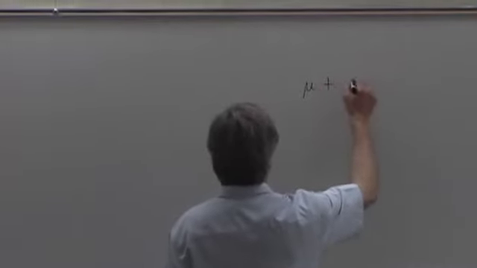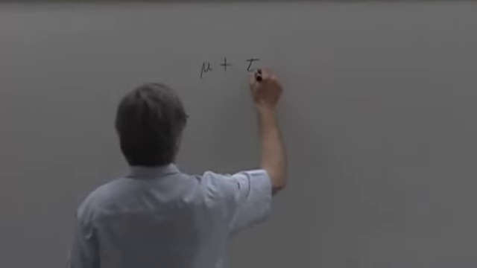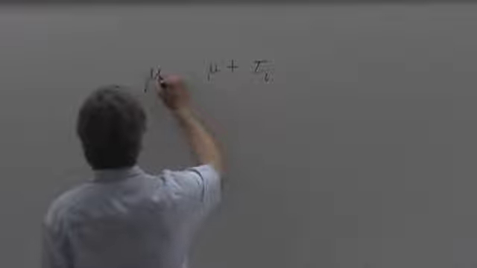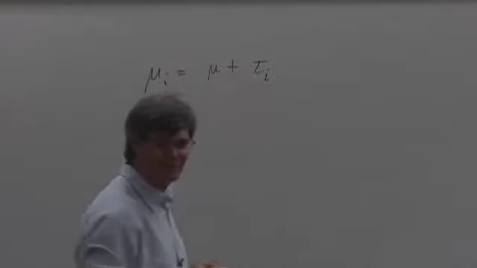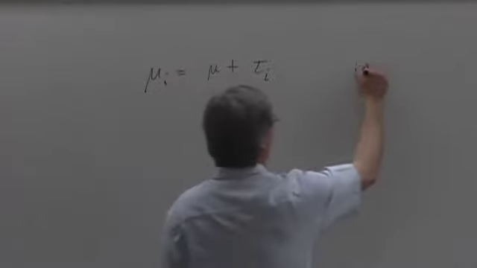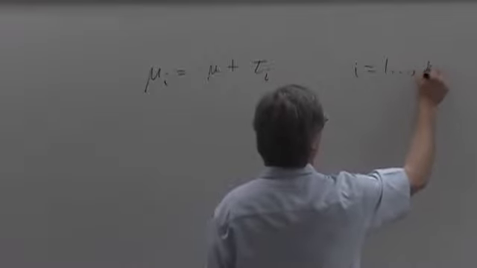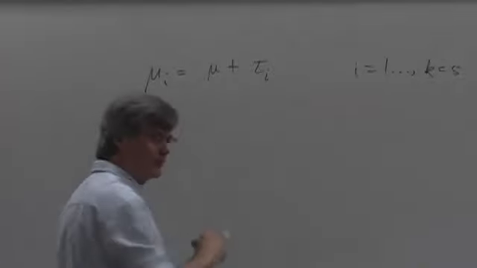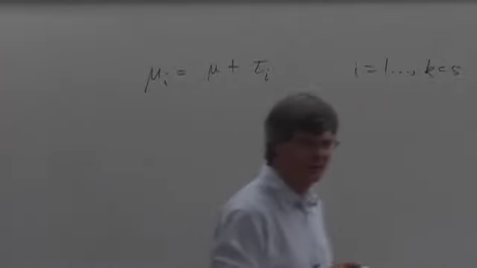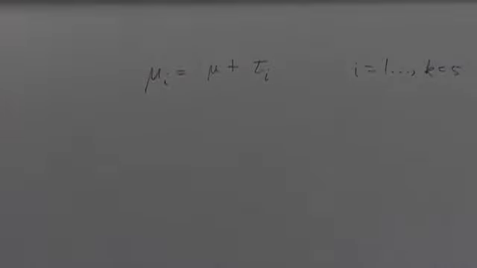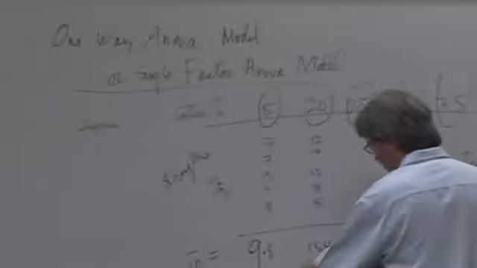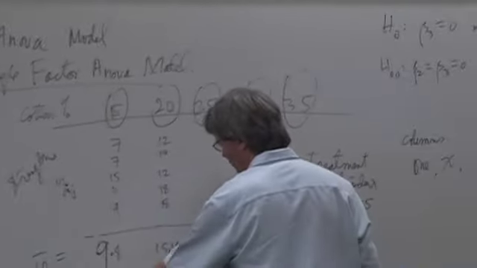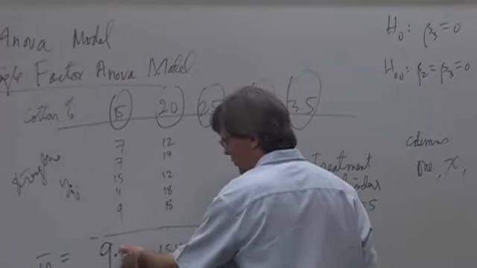So what the author says is that the standard way to write this is mu plus tau i. So he's going to write mu i equals mu plus tau i. That's 6 parameters. i goes from 1 to k, which in our example is 5, and that would be too many parameters. So for the classical parameterization, you have a grand mean, an overall mean, mu. You say this 9.8 is a reflection of a grand mean plus a change.